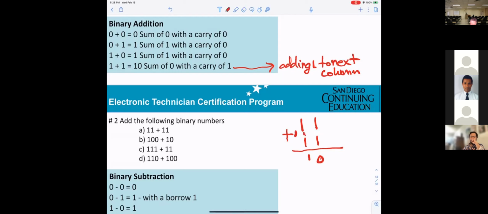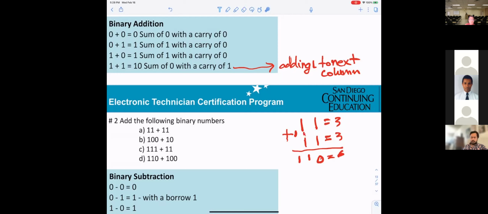Now there's no more adding, so the carry goes up here. In decimal, that is number 3, that is number 3, and 110 will be number 6. 3 adding to 3, the answer is 6.